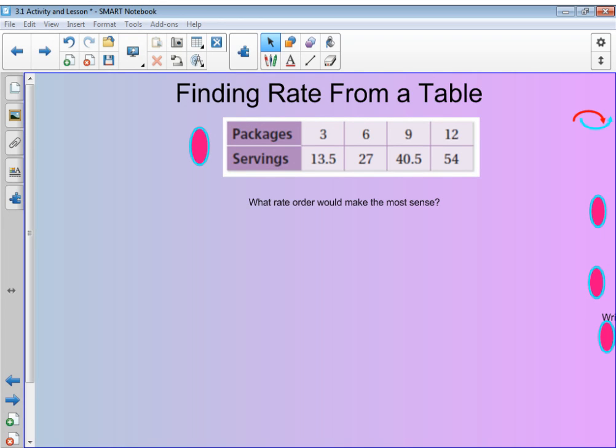So go ahead and pause your video and work your way through this one, finding the unit rate. And you can choose any of those 4 sets to use.